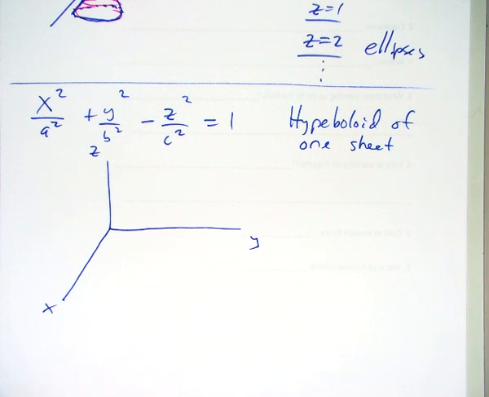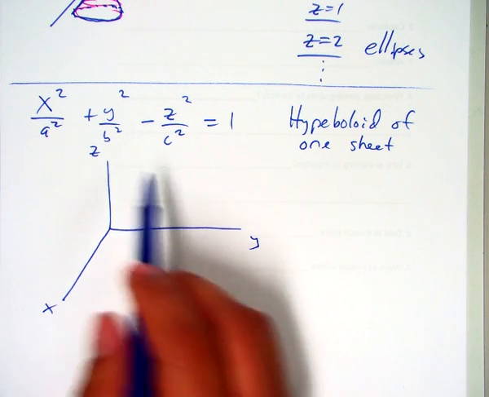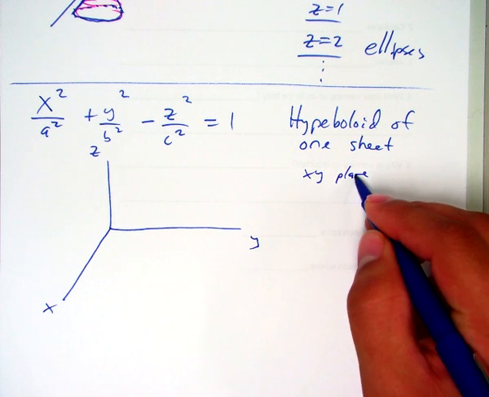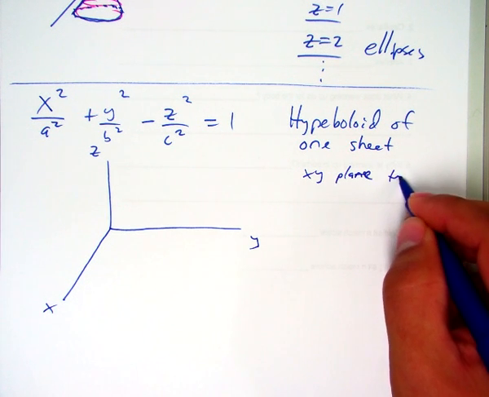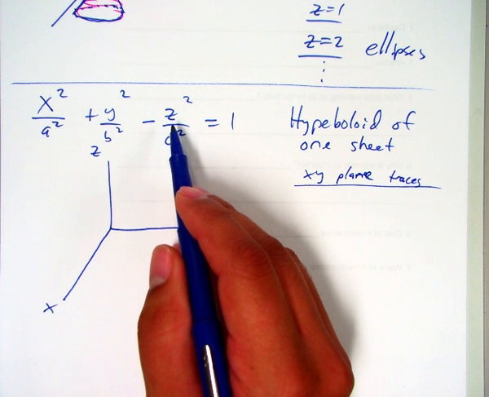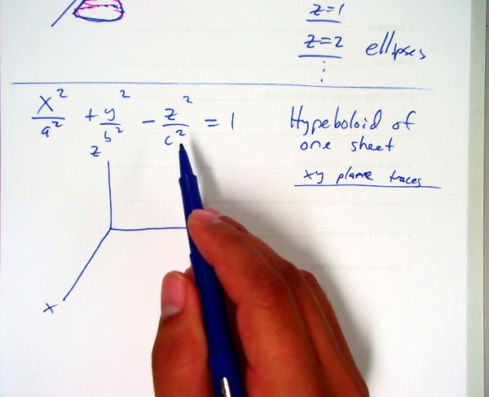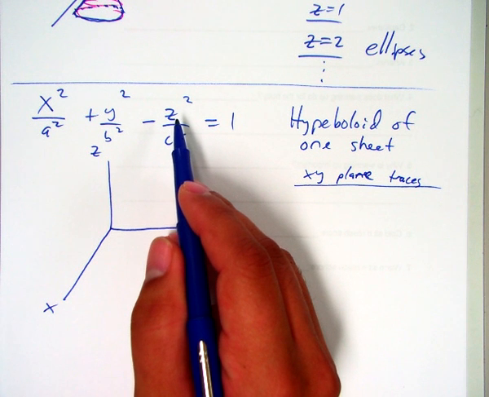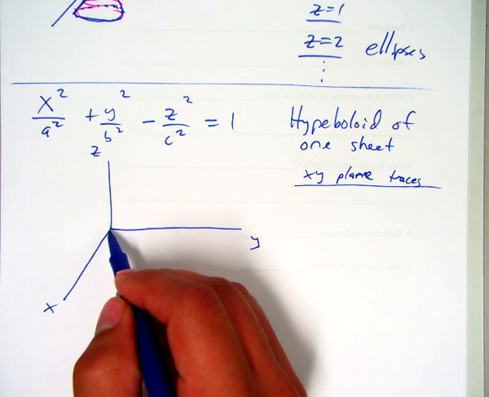There are a few different ways that you can do it. If you think about the xy plane, and plug in some values for z, you're still going to get ellipses no matter what. But even if z is 0, you don't have just a point here.